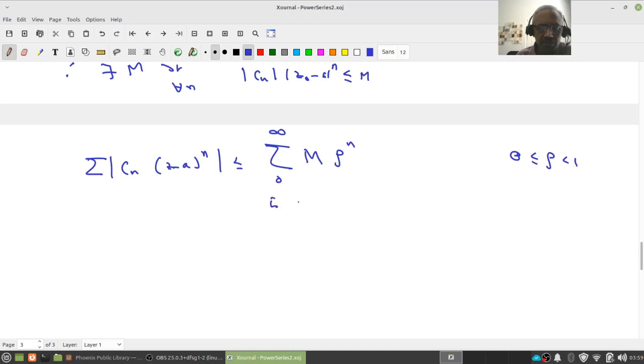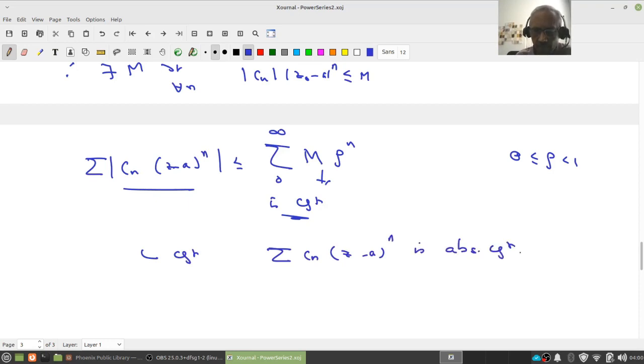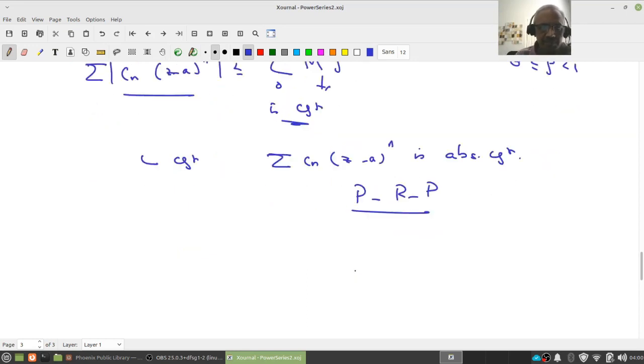Therefore this is convergent, and therefore by comparison, the series Cn mod z minus a to the power n is absolutely convergent. So pause, review, proceed.